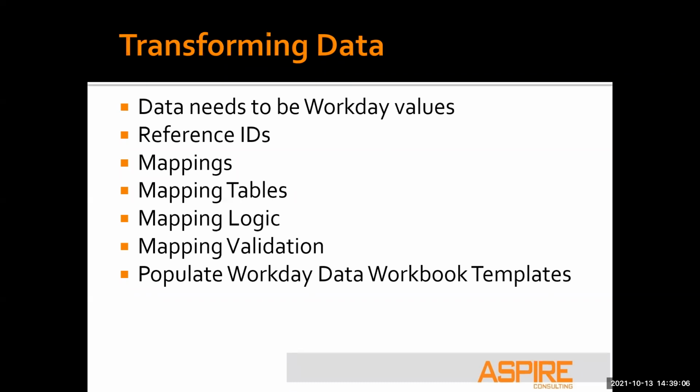It's not that 65,000 locality in PeopleSoft is 65,000 in Workday. So you have to take that 65,000 value for PeopleSoft locality and convert it to a Workday value. And so those reference IDs, that's a tax authority code reference ID that you need to map to.